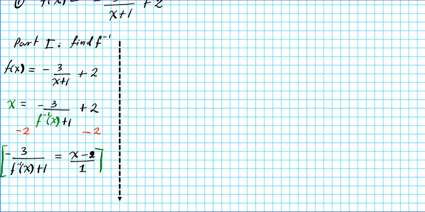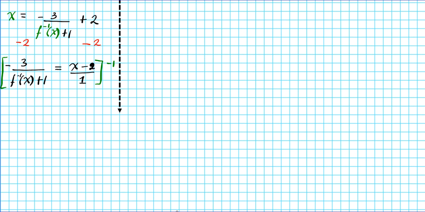We can do this because we have 2 algebraic fractions, one on each side of the equation. Upon reciprocation, we get f inverse of x plus 1 divided by -3 equals 1 over x minus 2.